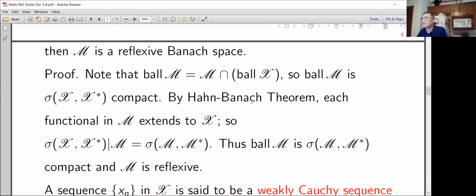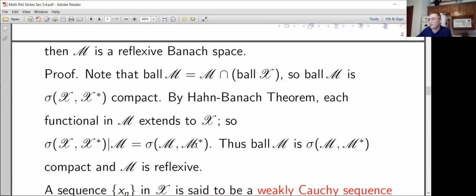By the Hahn-Banach theorem, each functional on M extends to X. So the restriction of this topology to M is equal to just this topology.